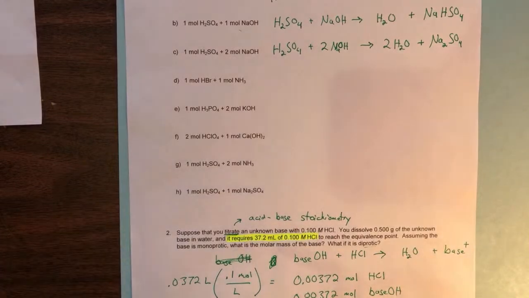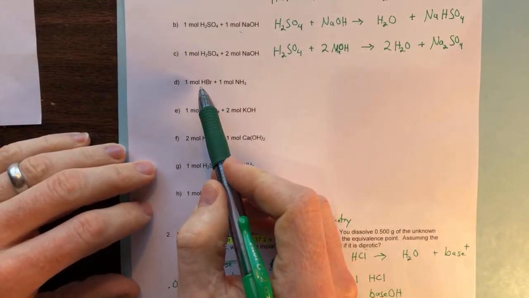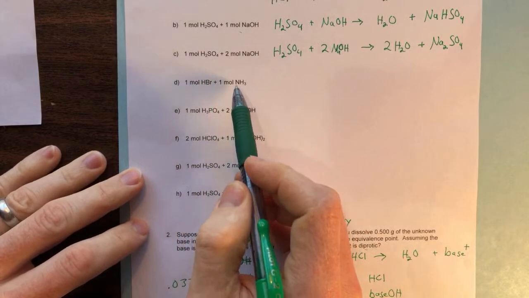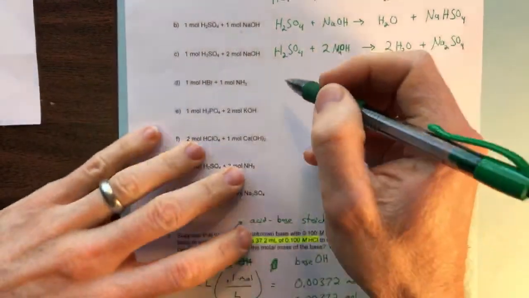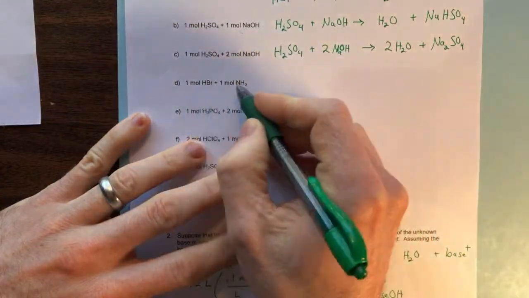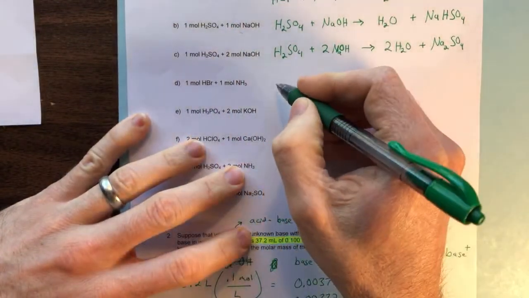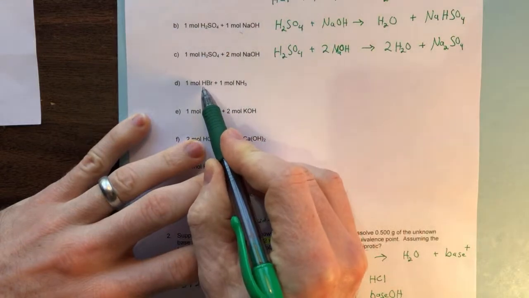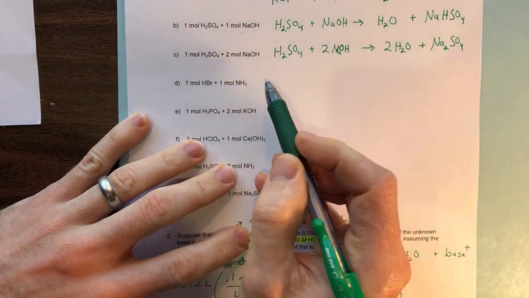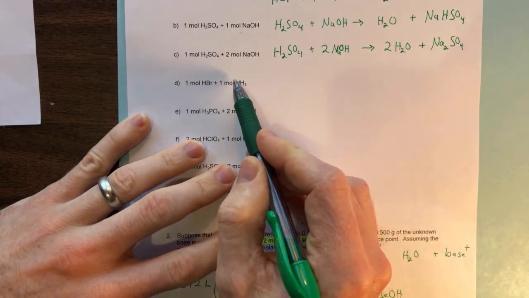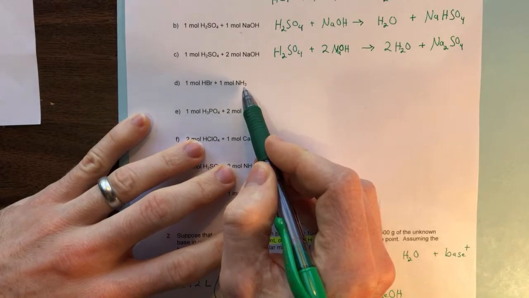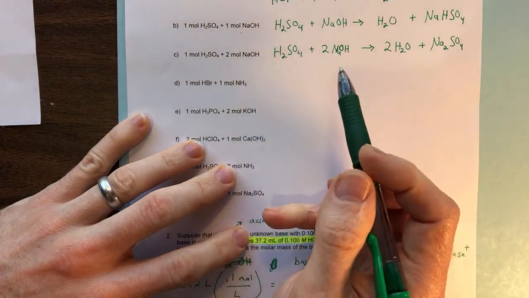All right, so we've got hydrobromic acid, HBr, and ammonia, and when they come together, we can write out that reaction, so we have a 1-to-1 ratio there. Of course we're thinking that HBr is going to be our acid. We've got an H here, and NH3 doesn't necessarily look like a base, but we've probably seen NH3 work before as a base, and so NH3 is in fact a weak base.